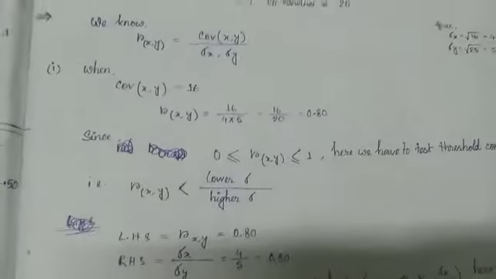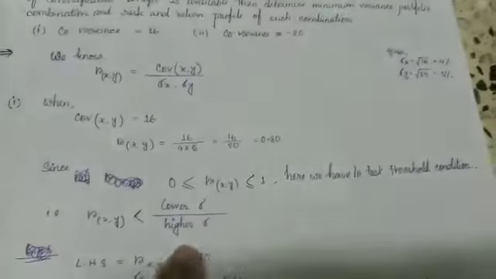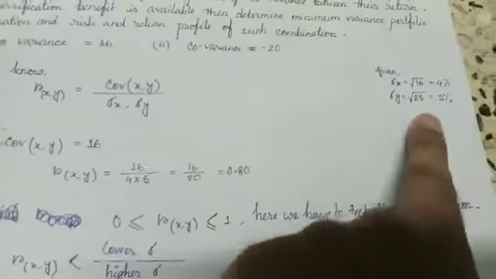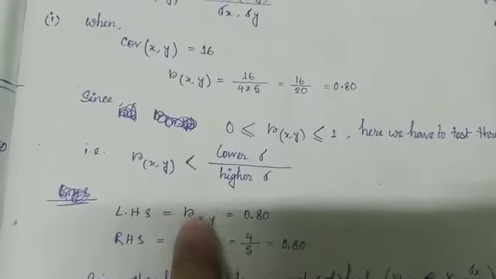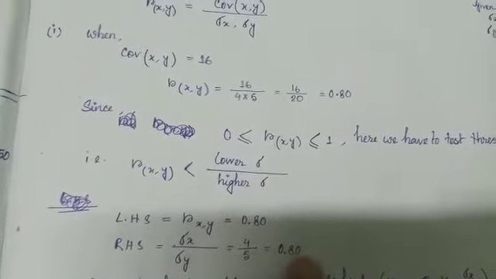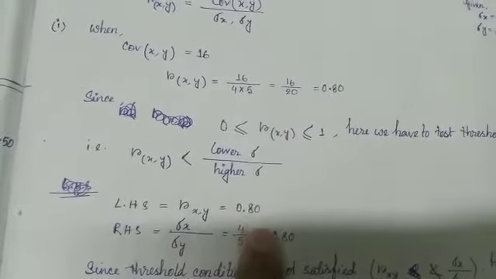Now here on the left hand side we have Rxy, that means 0.80. On the right hand side there will be lower sigma by higher sigma. Here lower sigma is 4%, that means sigma x, and higher sigma is sigma y equal to 5%. So on the right hand side we have sigma x by sigma y, which comes to 0.80. So here the left hand side becomes equal to the right hand side.